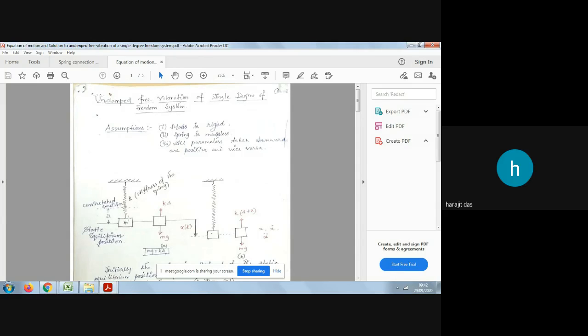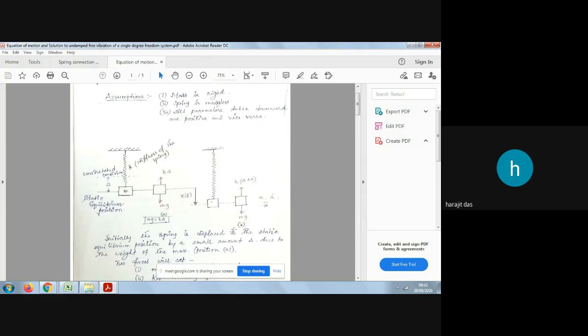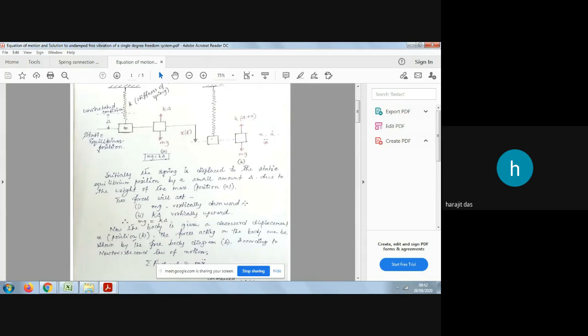And the main thing was the sign convention: any parameter in the downward direction was taken as positive, and anything in the upward direction, whether displacement, acceleration, velocity or force, was taken as negative. That way we found the equation by using Newton's second law of motion or D'Alembert's principle.